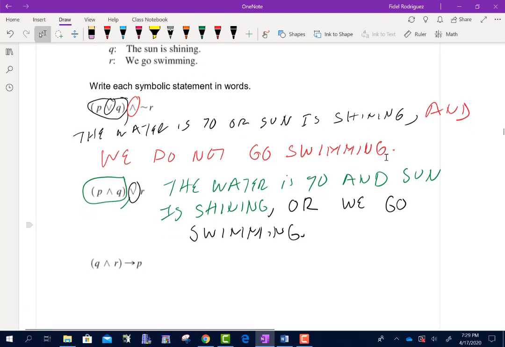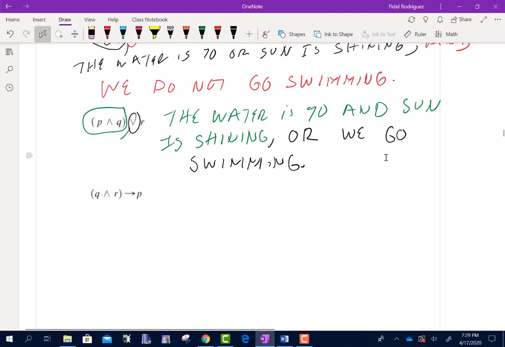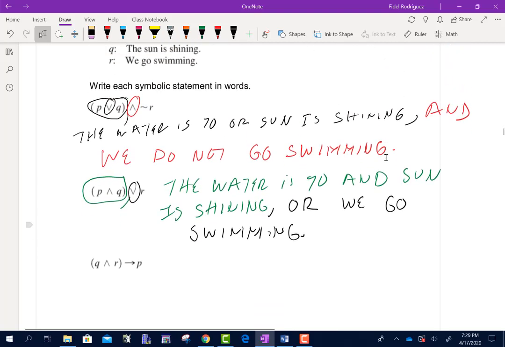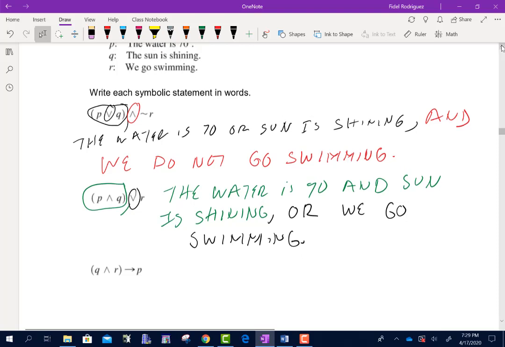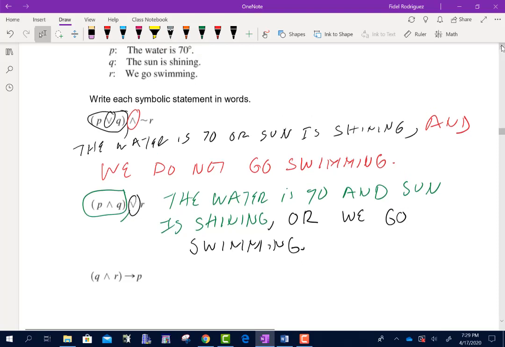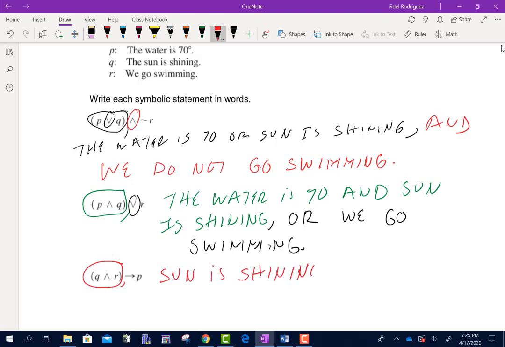All right. And let's see. We got another one here. Q, what was Q? Okay, Q is the sun is shining. Let me see if I can just move up a tad so I can see all of them. There we go. All right, so again, these are in parentheses, so that's going to be my comma. Q, sun is shining. Okay, and R, we go swimming.